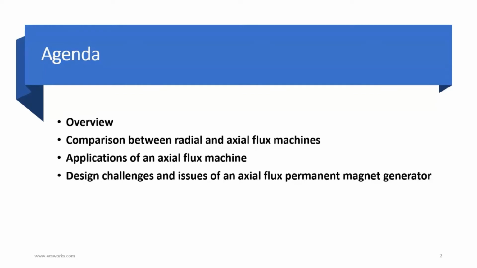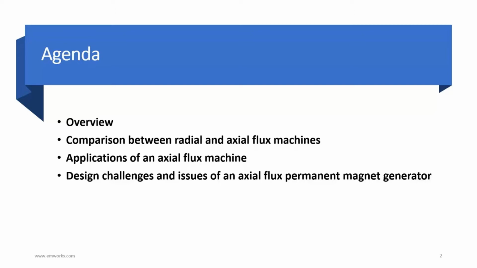Now, let's have a look at the agenda of our presentation, which will be started by an overview about radial and axial flux machines. Later on, we will have a quick comparison between those two machines. After that, we will talk about some applications where axial flux machines are used and for what reasons.